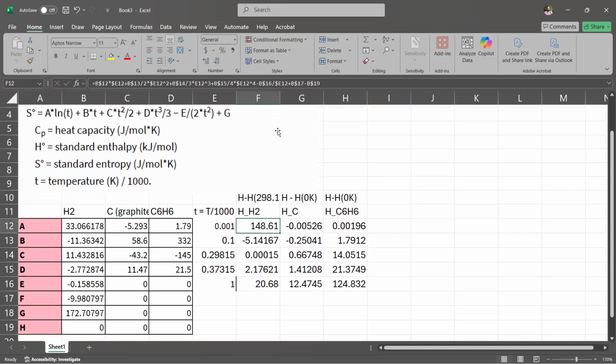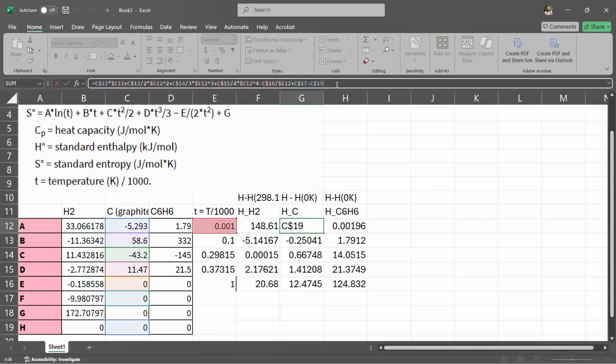So the way we calculate the enthalpy now, one thing you might notice is that our enthalpies are off a little bit. We have things relative to 0 Kelvin here and one relative to 298. So in order to get this all relative to 298 Kelvin, we just need to subtract off the 298 value from everything. So the 298 value here, we're just going to subtract 0.66748.